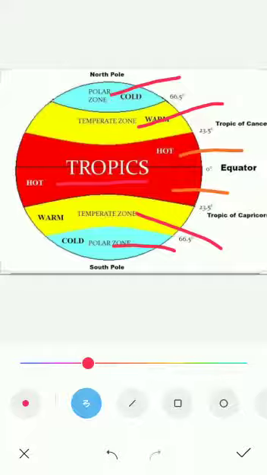Now in this region, the amount of heat which is received is more than the amount of heat which is lost through the terrestrial radiation. I hope it is clear. The amount of heat received, that is the insolation, is more than the amount of heat lost through the terrestrial radiation. So this is what happens in the torrid zone.